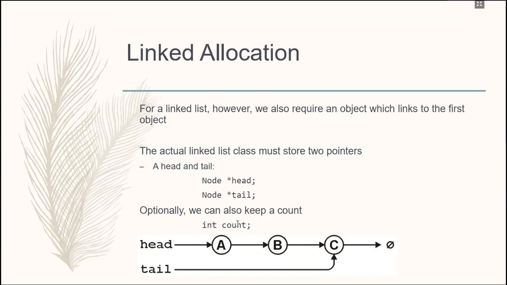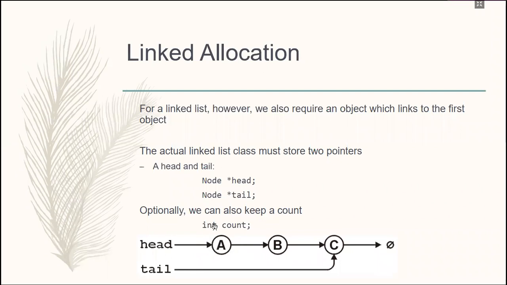In the case of an array, if you declare an array of n elements, you can only store n elements there. You can store less than n, but you cannot store more than n. In the case of a linked list, you don't have to declare any memory beforehand. You just have to create the linked list. You have to keep a head and a tail. Head will point to the start of the linked list, tail will point to the end of the linked list.